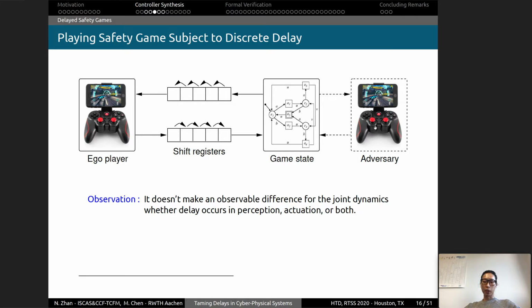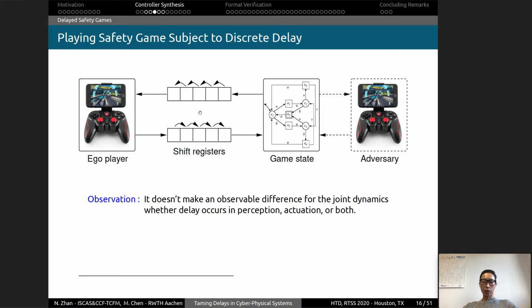That means player 2, this adversary player, can observe the game states immediately, make some actions, and execute the action immediately. But for the ego player, which is the controller in our work, delays could happen. For example, in the perception channel, the state information could take some steps of time until it arrives at the ego side. For example, here we have 5 time units of delay.